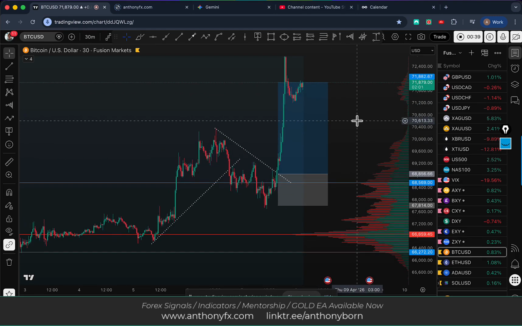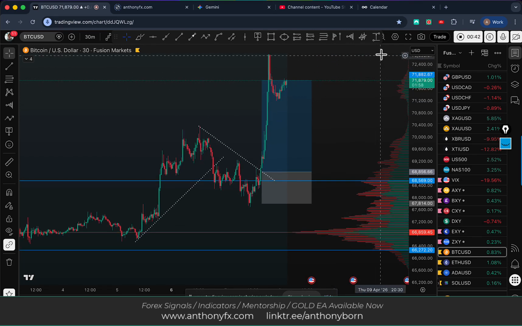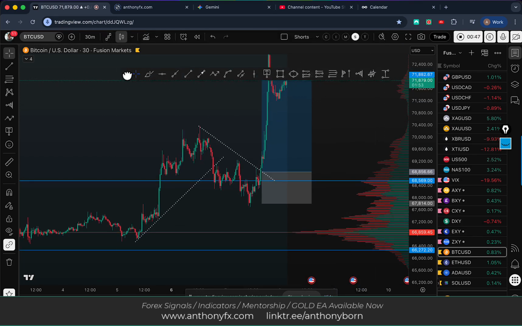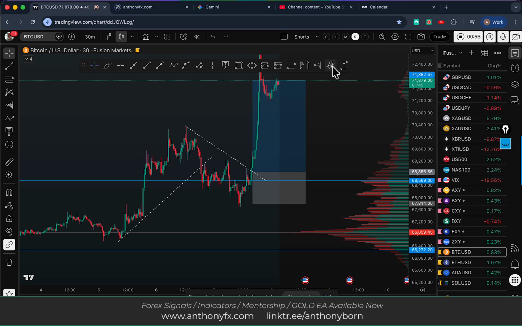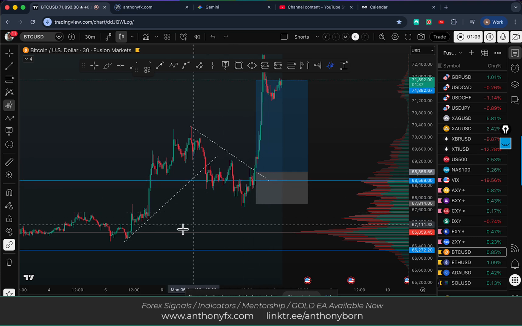So how I approach this is I use VWAP and a volume profile and these trend lines. So if we grab an anchored VWAP, throw it in here. Well, I've done that, sorry. Volume profile, anchored VWAP, my bad. I placed a volume profile on the chart. Now we're going to grab an anchored VWAP.